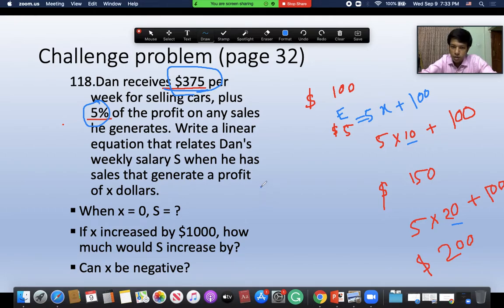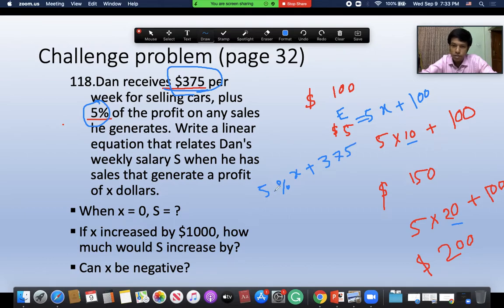That means 5% of, let's say he generates X money, suppose he generates X money, then plus 375, because this 375 is what he receives per week for selling cars.